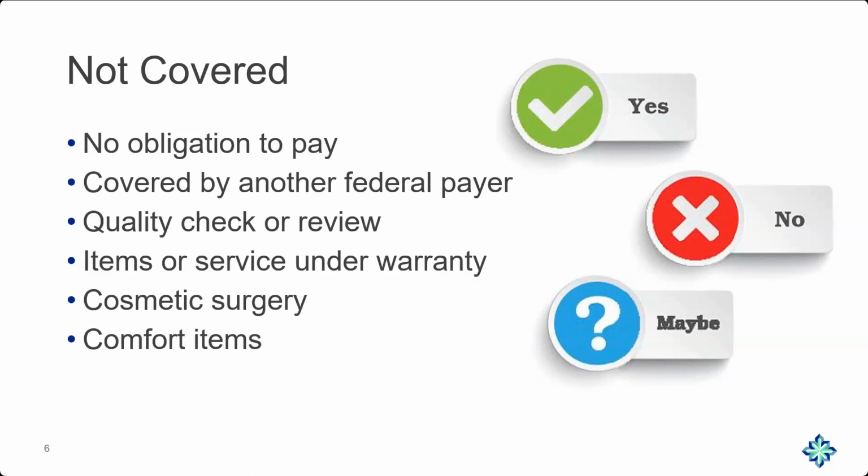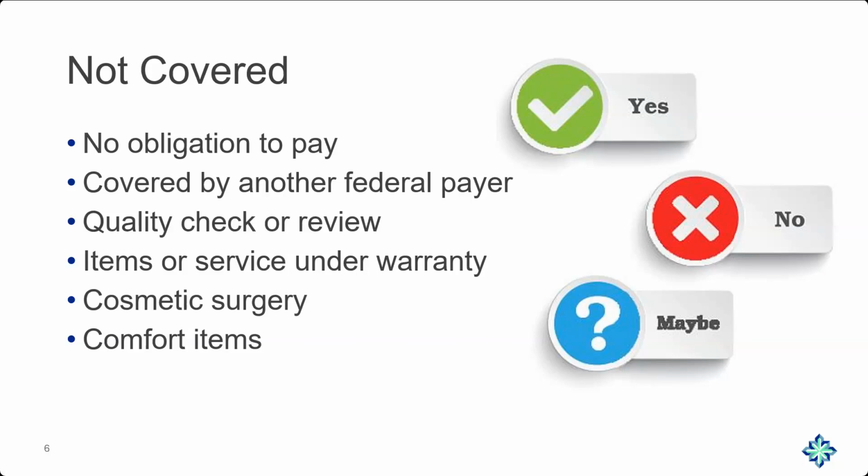If a product is covered under a warranty, so you have no obligation to pay any money because the warranty is replacing it, again, you have no obligation to pay. If something is covered by another federal payer, this is the second bullet. This is where the Veterans Administration comes in, and it simply says if VA pays, Medicare will not. If the VA does not pay, then Medicare can consider it.